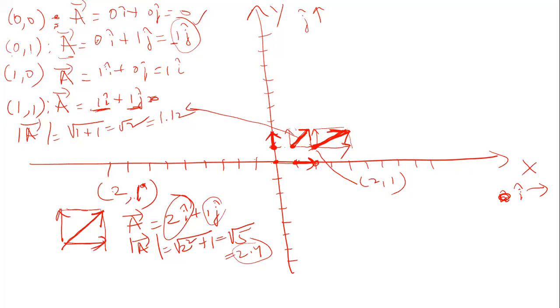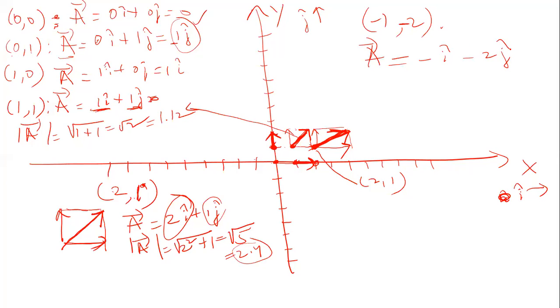Now, if you consider making it a little bit more elaborate, for example, (-1, -2), so this will be minus i minus 2j.